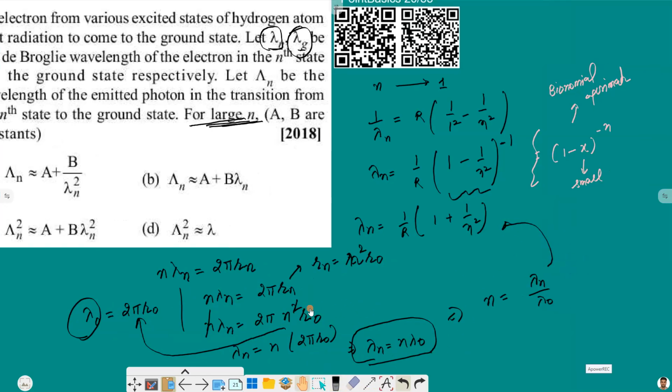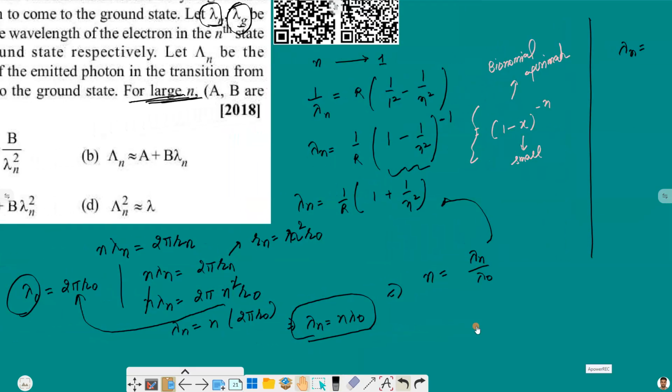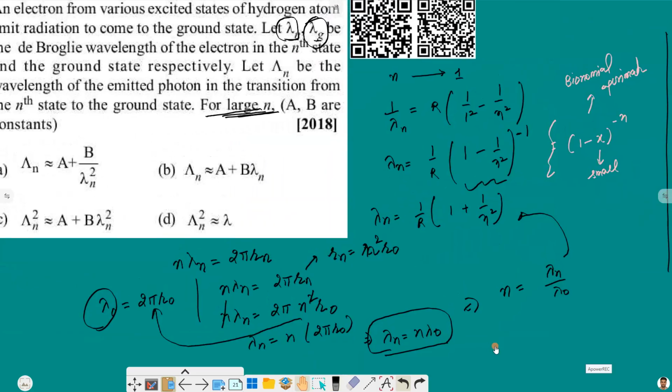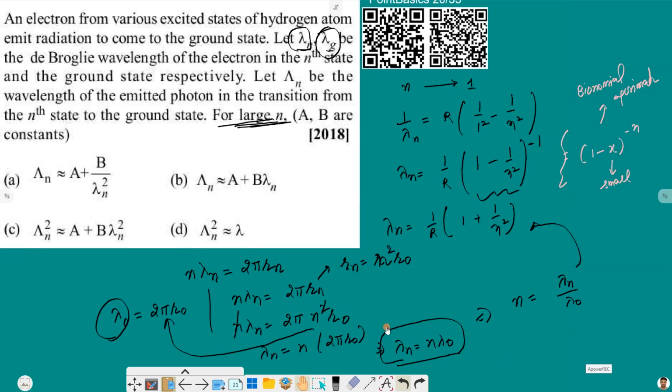So this will become... we have lambda n is equal to... okay, let me check for what we have to derive. The wavelength of the emitted photon. Okay, I made a slight mistake. I used the same notation.